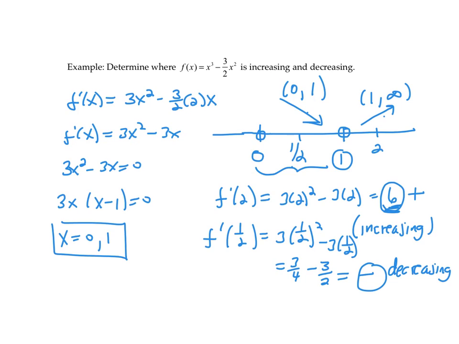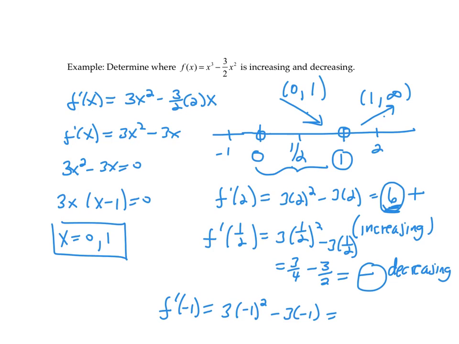Okay, finally we're going to test a number to the left of 0. An easy one to test would be just -1. So take -1 and plug it into the first derivative. Okay, so I have 3 times -1 squared minus 3 times -1.